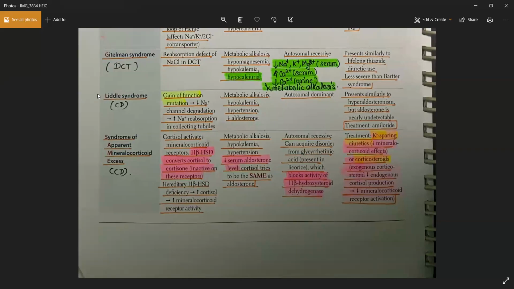Then you have the Liddle syndrome. In Liddle syndrome, I told you, you have a gain of function mutation in the sodium channels, and as a result, you will have more sodium reabsorption, and that will again drive the reabsorption of water. So the effect is just like hyperaldosteronism, because aldosterone also works by activating the sodium channels, right?